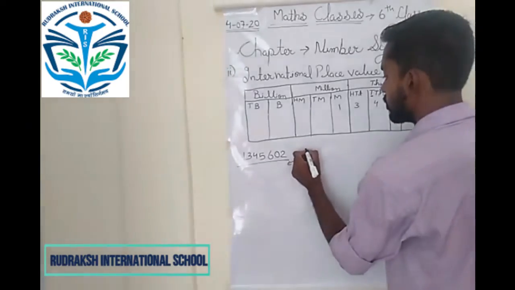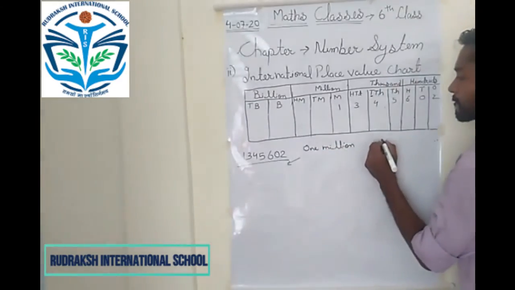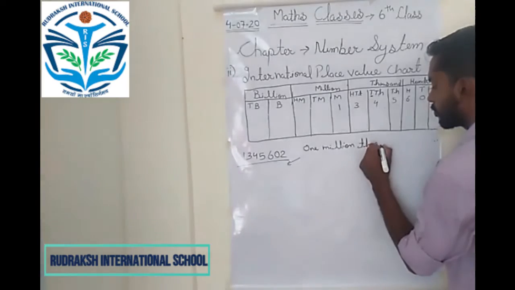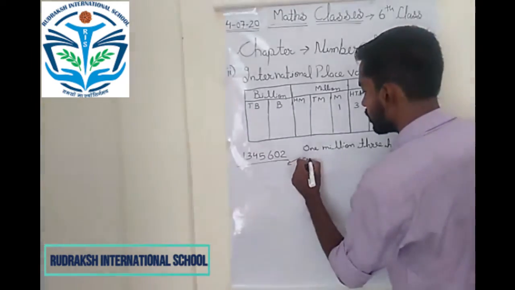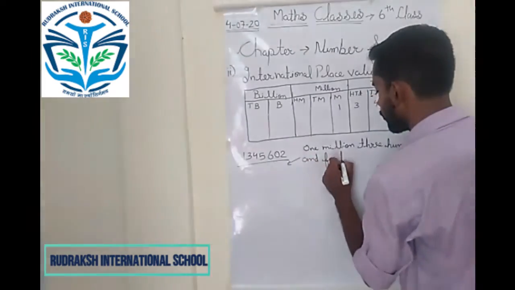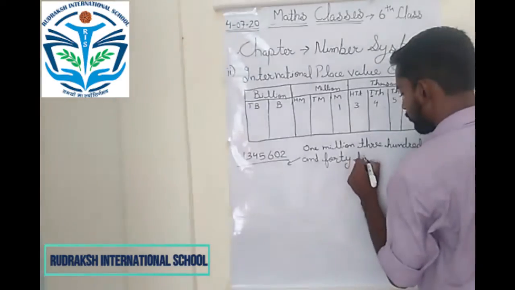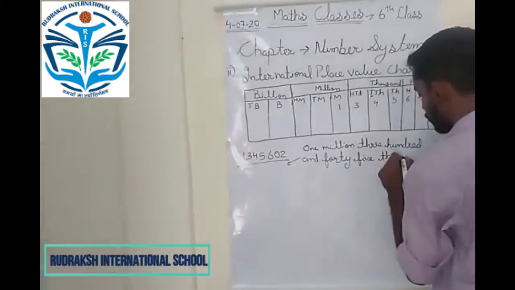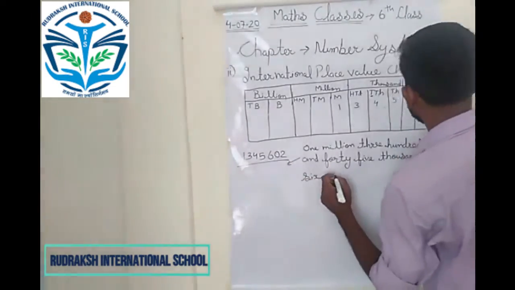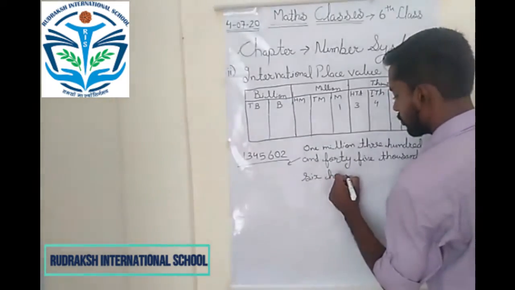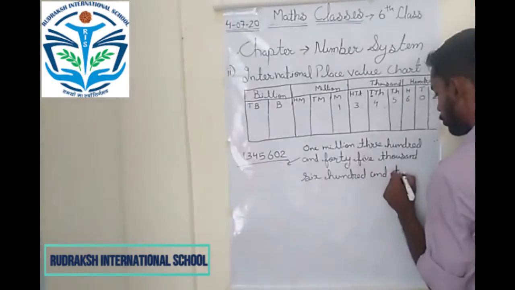Now if we write this, it will be 1,000,000, 300, and 40, 5,000, 600 and 2.